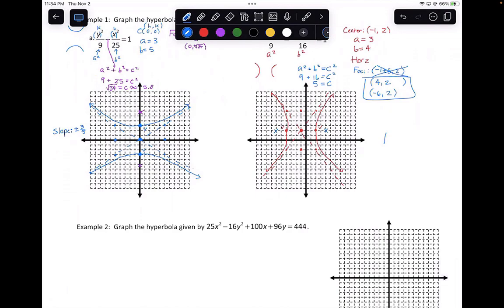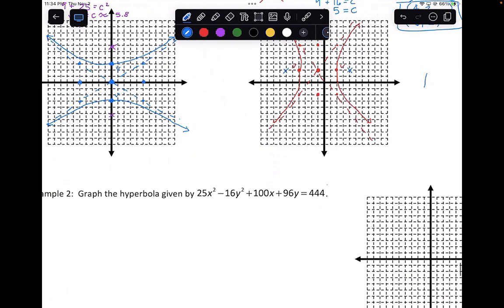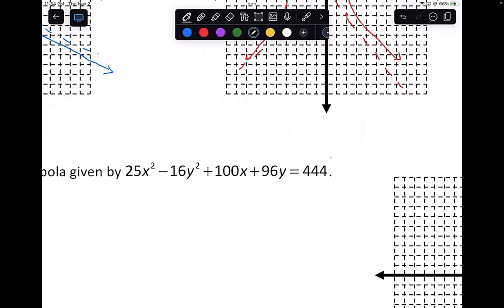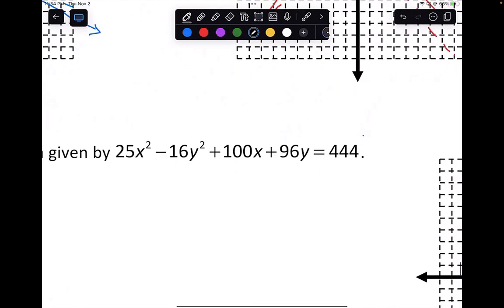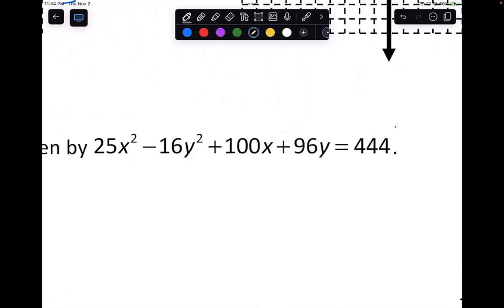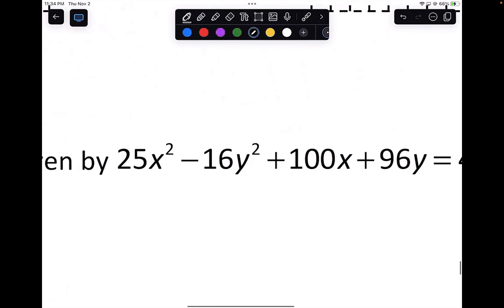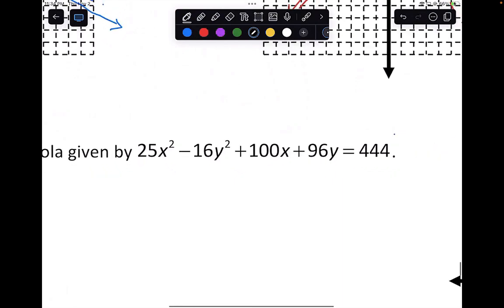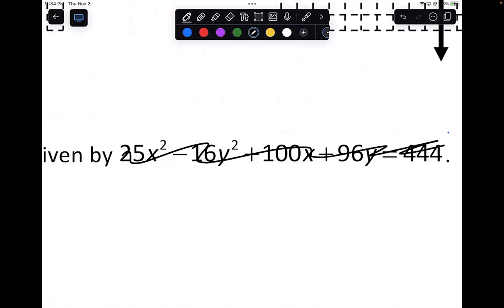This next one coming up, I'm going to make a change on the fly. I want us to practice getting this into standard form, but we're going to have to graph it eventually, and I want to do another vertical type. So I'm going to scratch this out and modify it slightly.